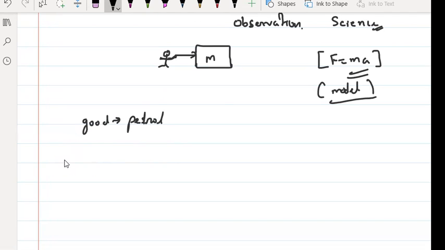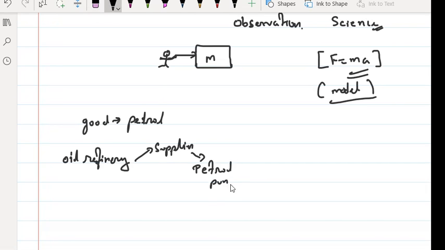We have the oil refinery, and in between we have a supplier, then petrol pumps. There may be many, but I'm just taking 3-4 stakeholders as examples, and then we have us consumers.